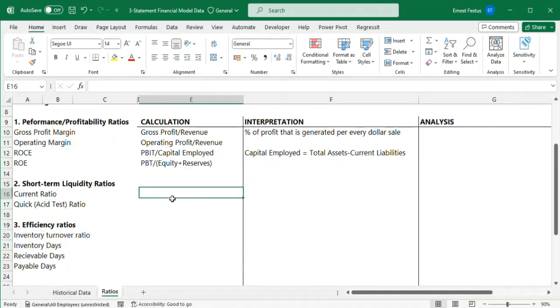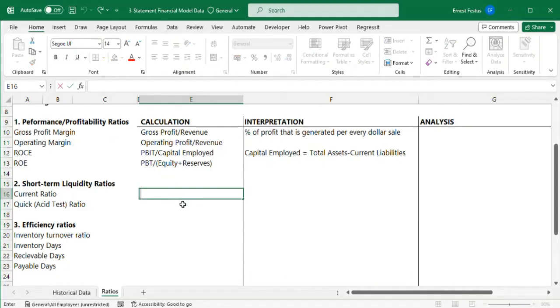And then we also have our short-term liquidity ratios. Now with the short-term liquidity ratios, we are talking about those ratios that are used to assess the entity's ability to raise cash to be able to meet short-term payments when they become due.